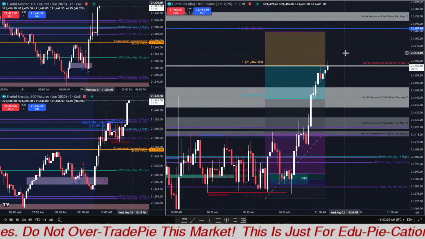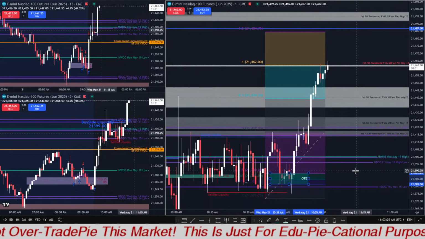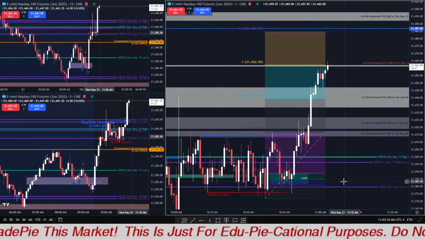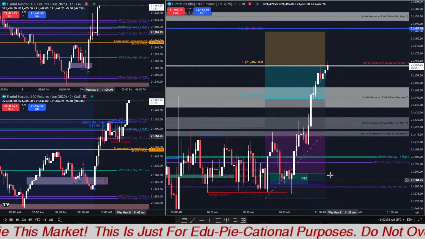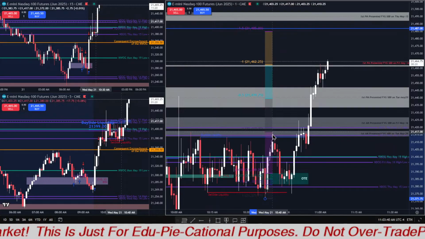Well, you can see optimal trade entry works pretty much well over here, and yeah, this is a perfectly delivering price action. I cannot complain about anything here.